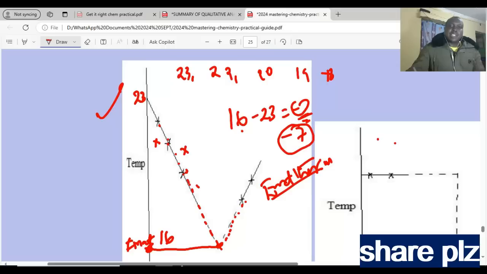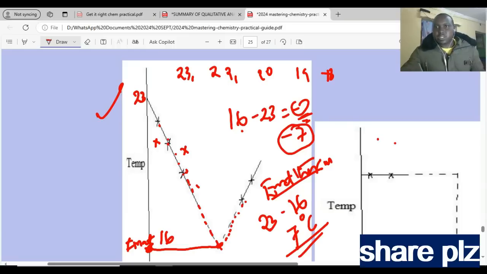Therefore, the difference is 23 minus 16, and we have 7 degrees Celsius. That's what it is telling you. The difference here is the final minus initial, 16 minus 23, but we don't need you to give us the negative, because it is meant to tell you that the reaction is endothermic.